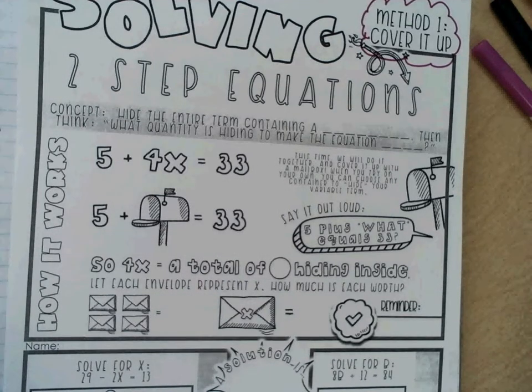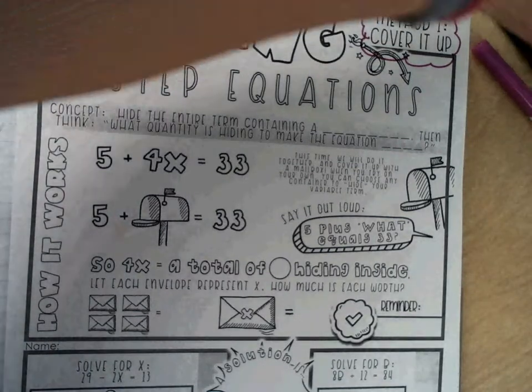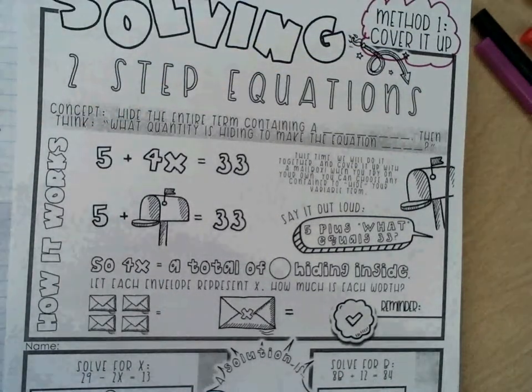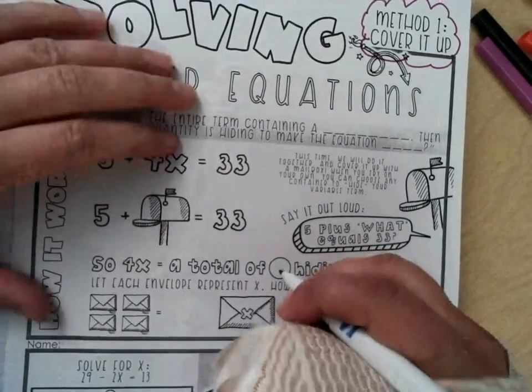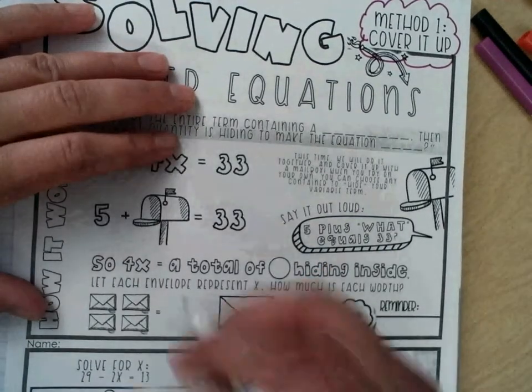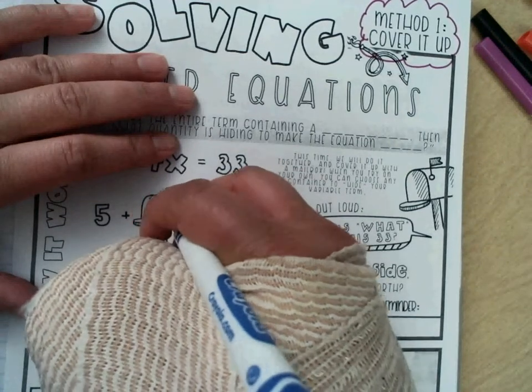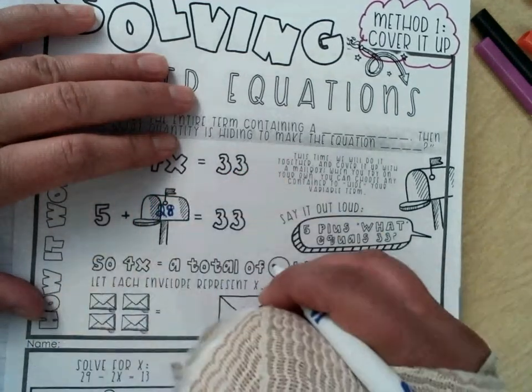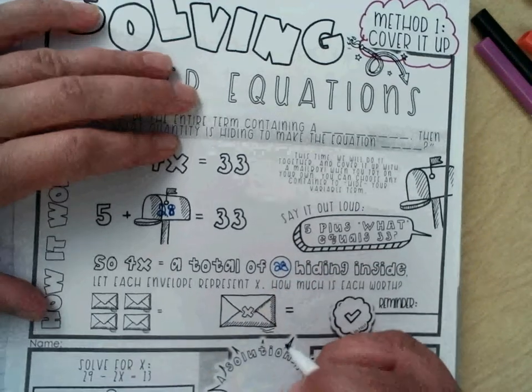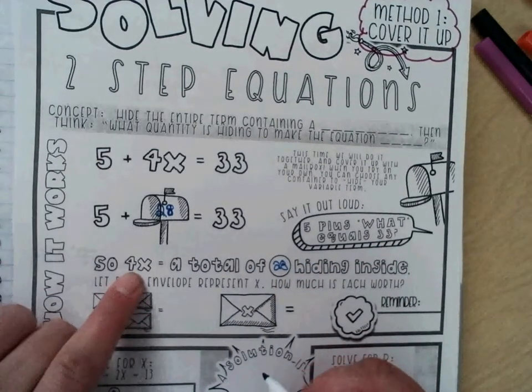So the 28 is the total of what's hiding inside this mailbox. That tells me that I've got to say 4x equals 28.